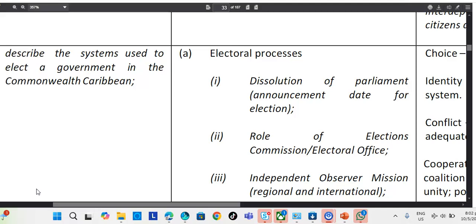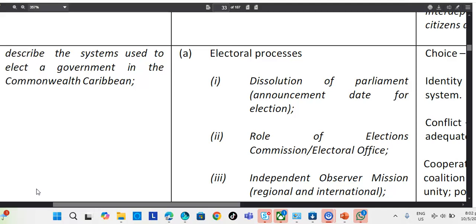The electoral office is the one that determines the number of constituencies and the boundaries of each constituency within the country. It is the electoral office that maintains a register of eligible voters in each constituency by adding those citizens who have attained the age of 18. So you know you have to be the age of 18 and over to vote.